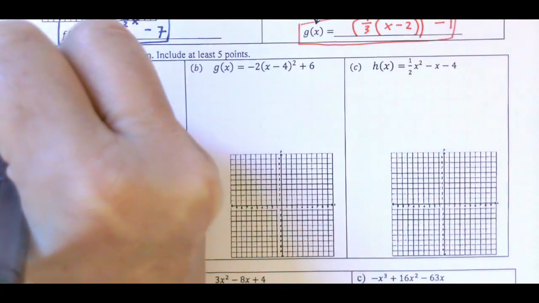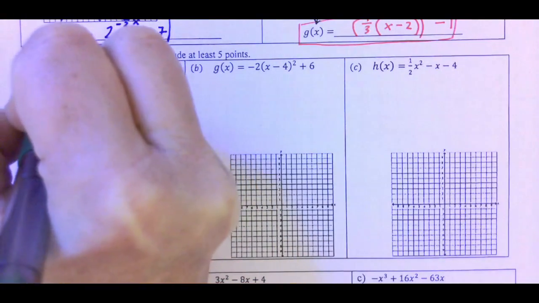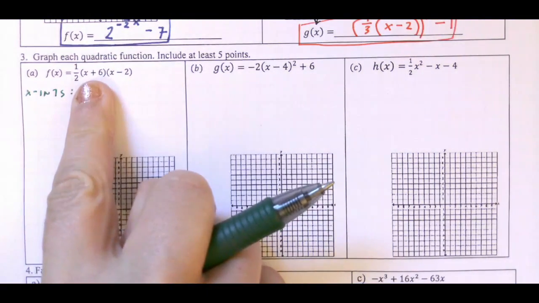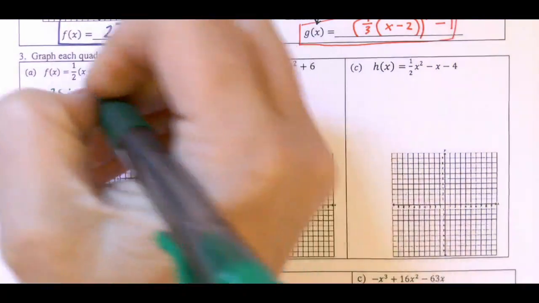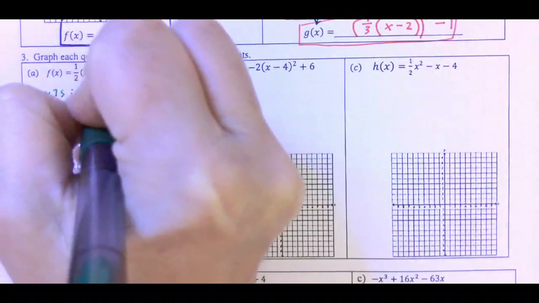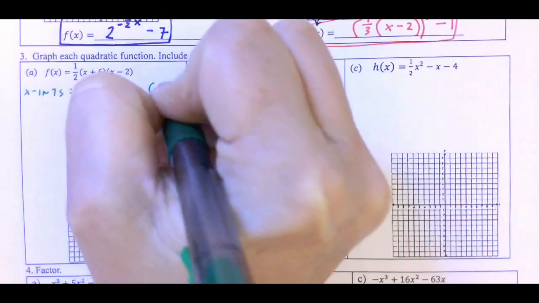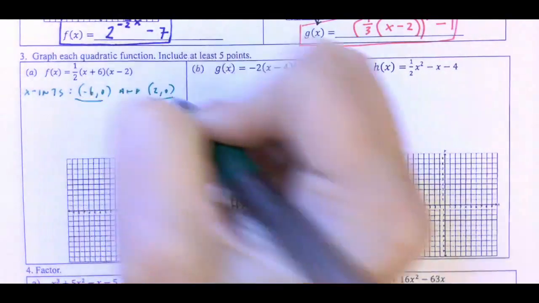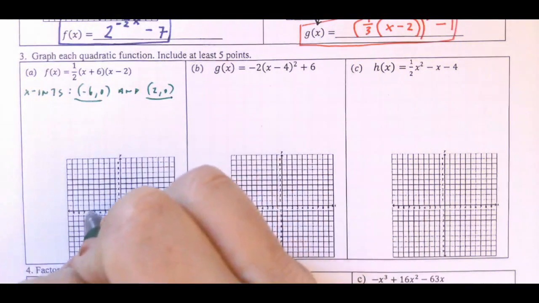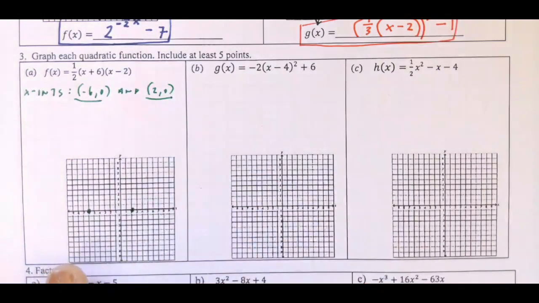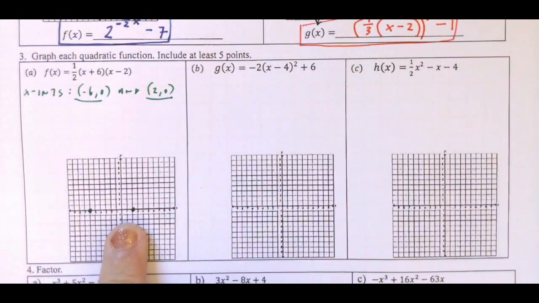So the first thing that we know are the x-intercepts. We know that we'll have one at -6, 0, and 2, 0. Okay, let's plot them. All right, so those are the 2 x-intercepts right there.